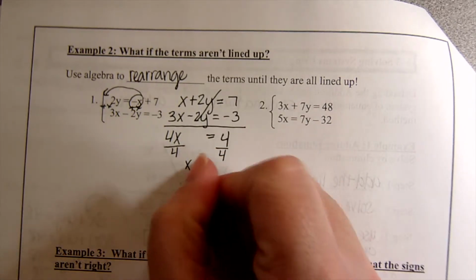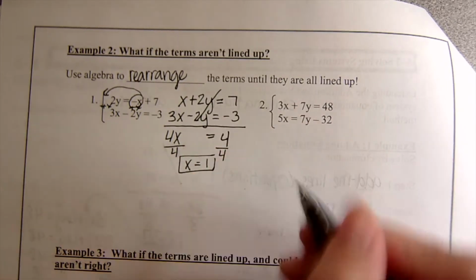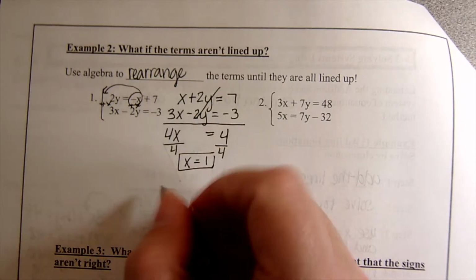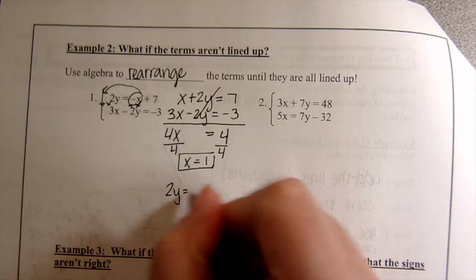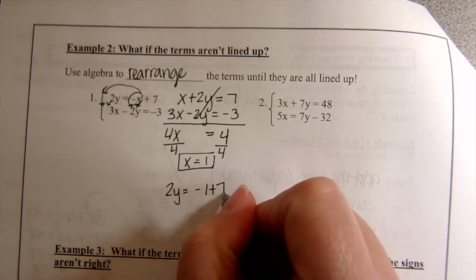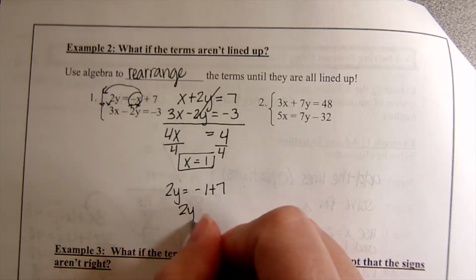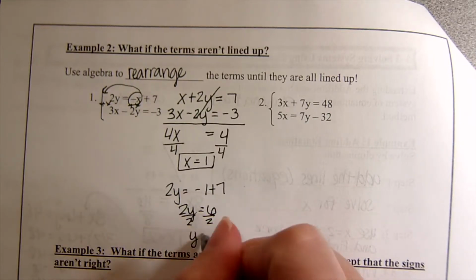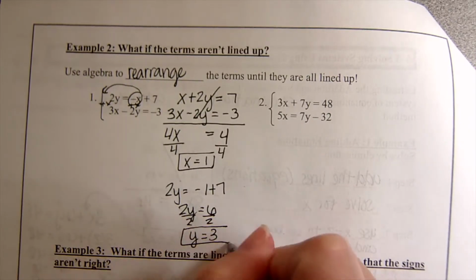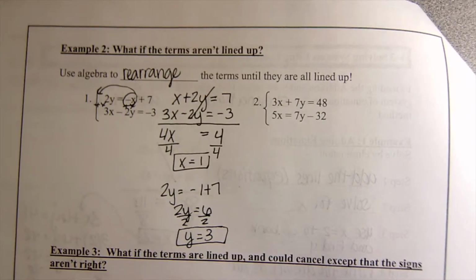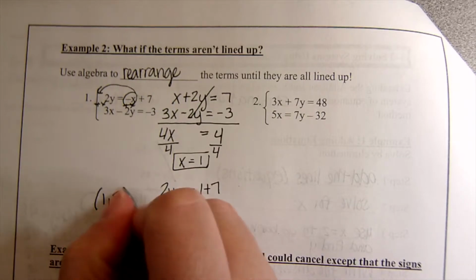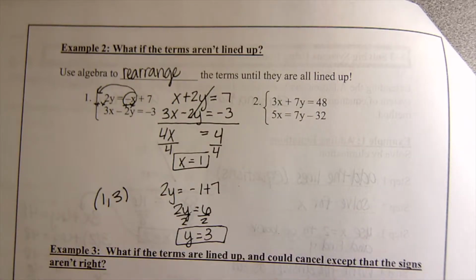So x equals 1. Plug that back in. You can plug it into one of the original equations. So 2y equals negative 1 plus 7. So 2y equals 6. Divide by 2. Y equals 3. What is my solution here? 1, 3.